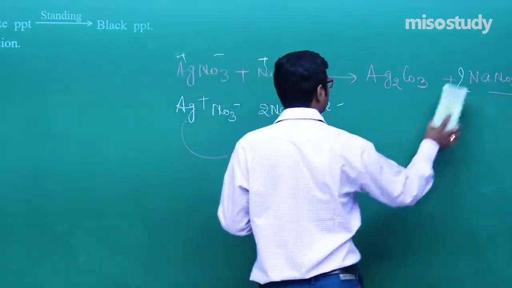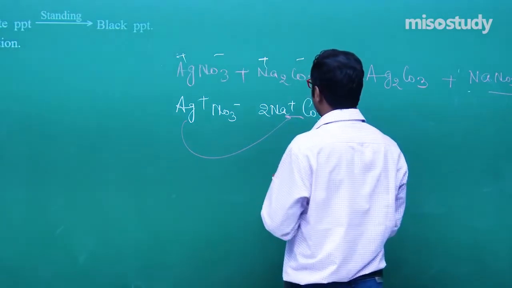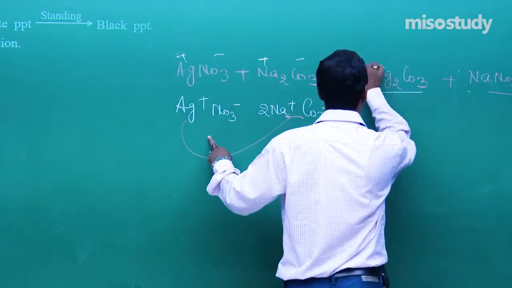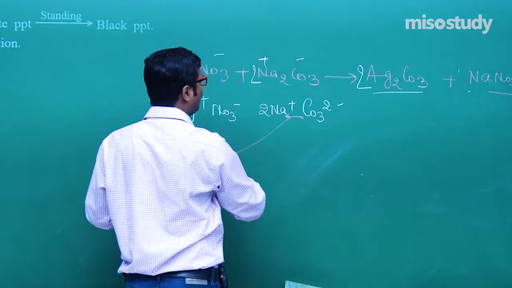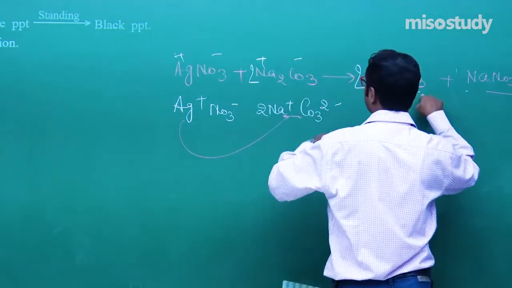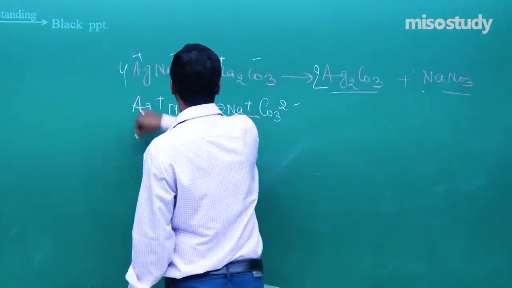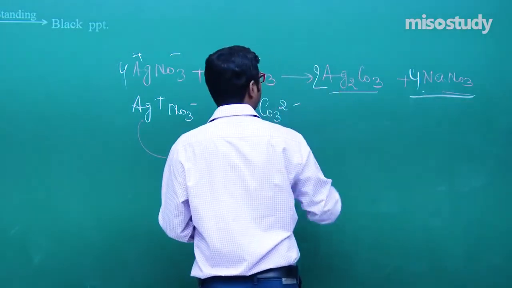Wait for a moment. Na2CO3, Ag plus and NO3 minus. Now check it out that it gives you Ag2CO3. Balancing, we put 2 for AgNO3 and 2 for NaNO3.